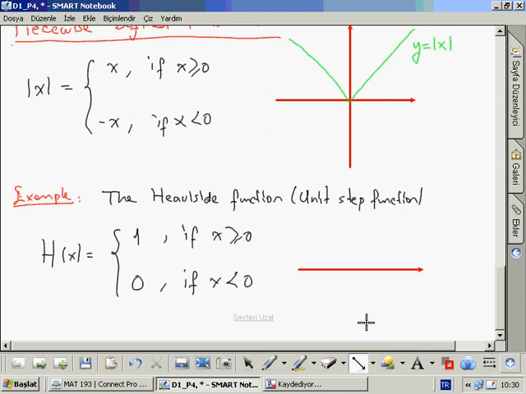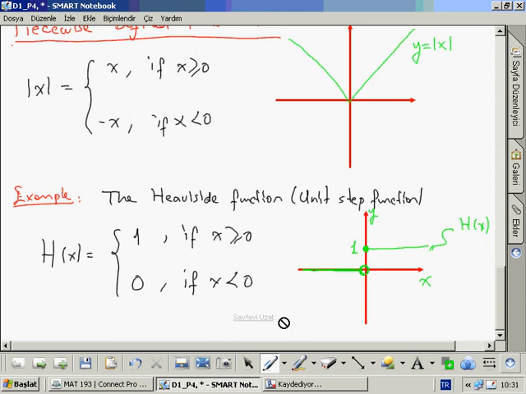And when you sketch it on the Cartesian coordinate system, you will obtain something like that. This is the Heaviside function.